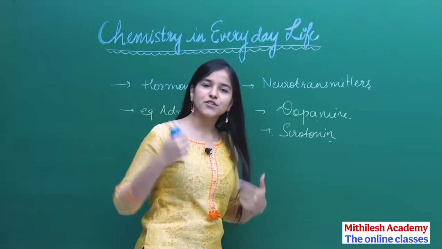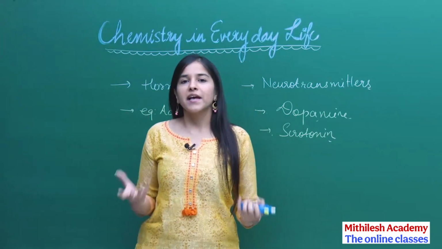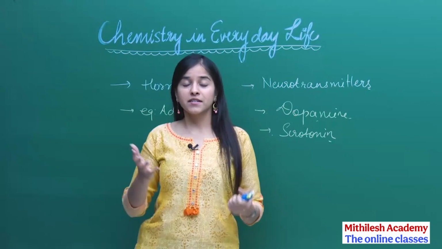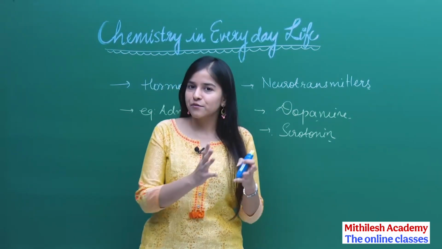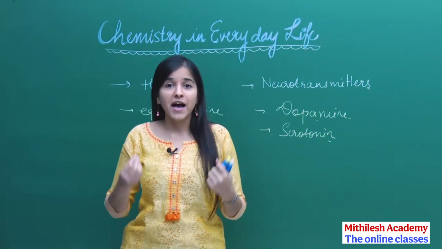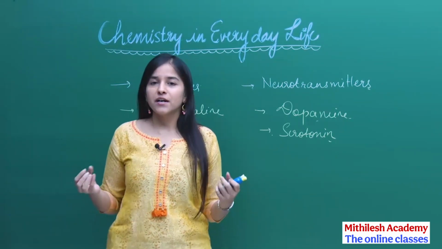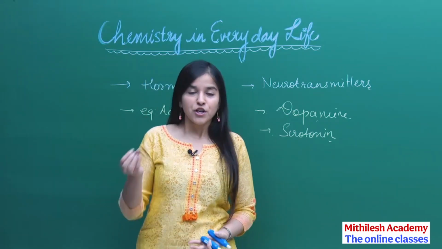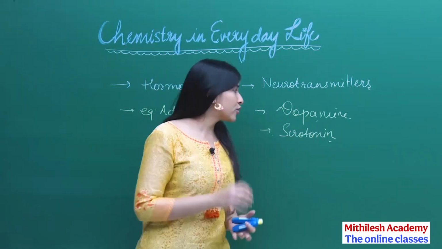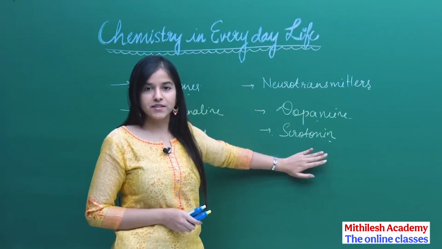So basically it is known as the happy hormone. Why? Because it stimulates our body with happiness. It generates happiness whenever we see food, whenever we have our favorite food. What happens? We act cheerful. We are happy at that moment. That is because of the release of this very hormone that is known as serotonin.